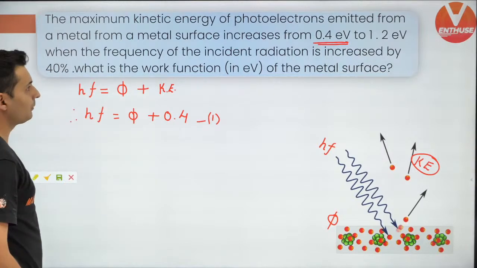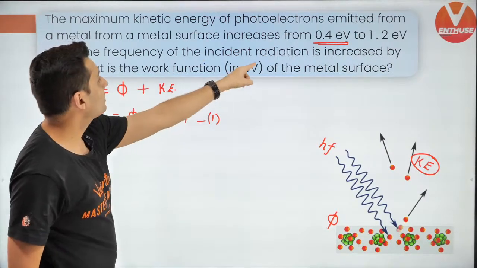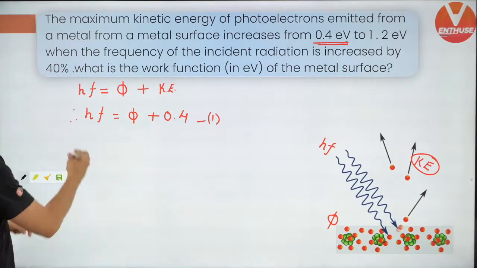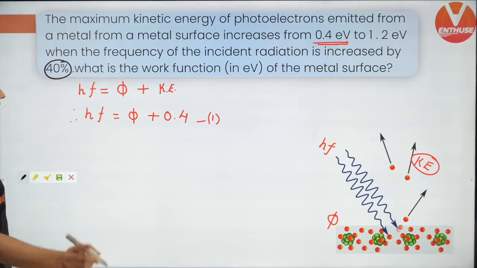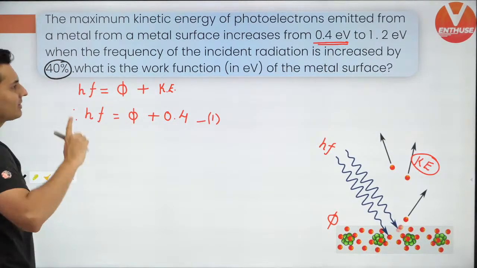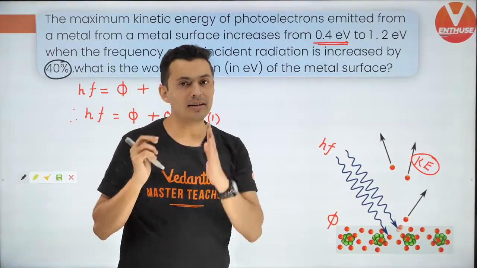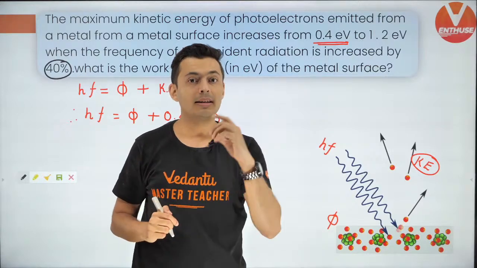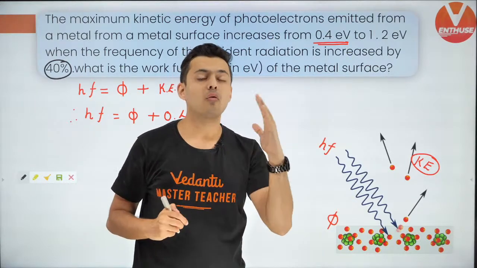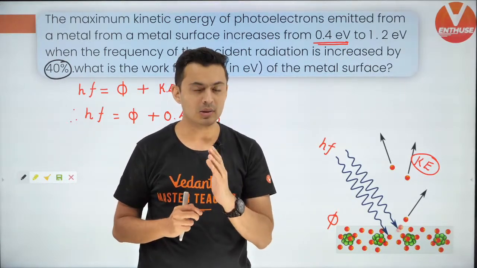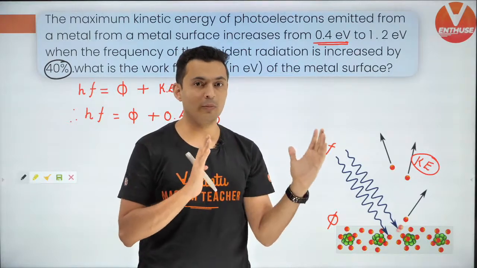Now, the second time, what are you doing? The frequency of the incident radiation is increased by 40%. Think about it. A 40% increase means earlier it was 1, later the frequency is 1.4. If the frequency was 100, it has become 140.